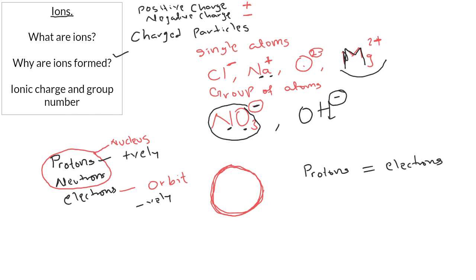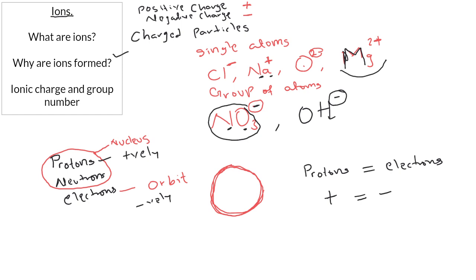Another way to say it is that the number of positive charges is the same as the number of negative charges. So if the number of positive charges is equal to the number of negative charges, the atom will be neutral.